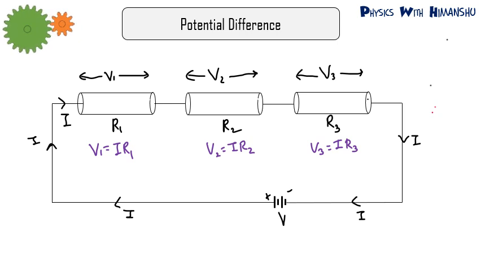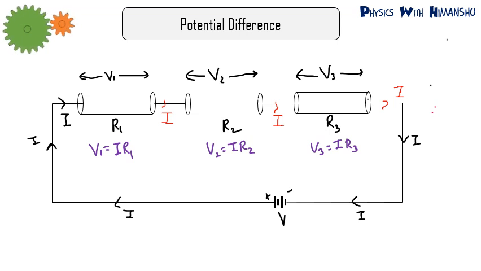If I enters R1, then current I will also exit from R1, and similarly the current that comes out, that is I, will enter R2, and the current that exits from R2 will be I. The current that enters R3 will be I, and the current that exits from R3 will also be I. So if resistors are connected in series, the current through all of them will be the same. In R1, R2 and R3, the current is the same.